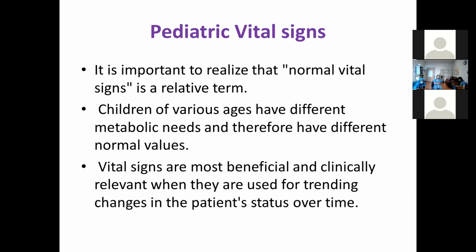Children of various ages have different metabolic needs and therefore different normal values, and vital signs are most beneficial and clinically relevant when used for trending changes in patient status over time. Some institutions actually have software that trends pediatric vital signs over time.